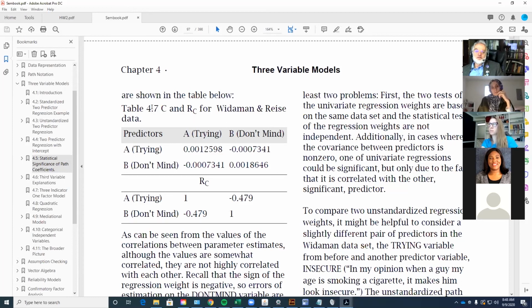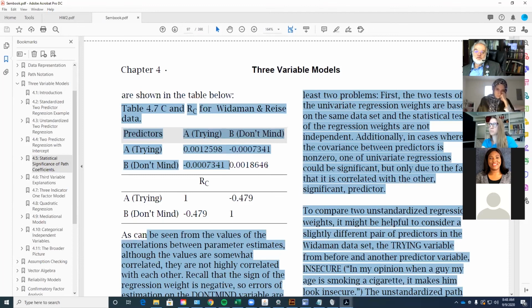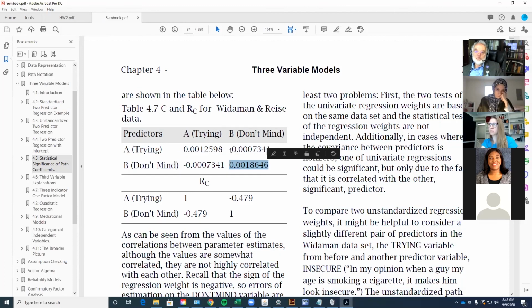And if you're looking at that for these data, this is what C looks like. The square root of this is going to give you the standard error that we saw in the regression analysis before. And over here is the covariance between this regression weight and that regression weight. Well, like I was saying before, this is a variance covariance matrix. I have no idea what these numbers mean. I can tell you what the diagonal things mean, but should I be worried about this or not? Well, you can take this matrix and divide by the standard deviations, pre and post multiplying.